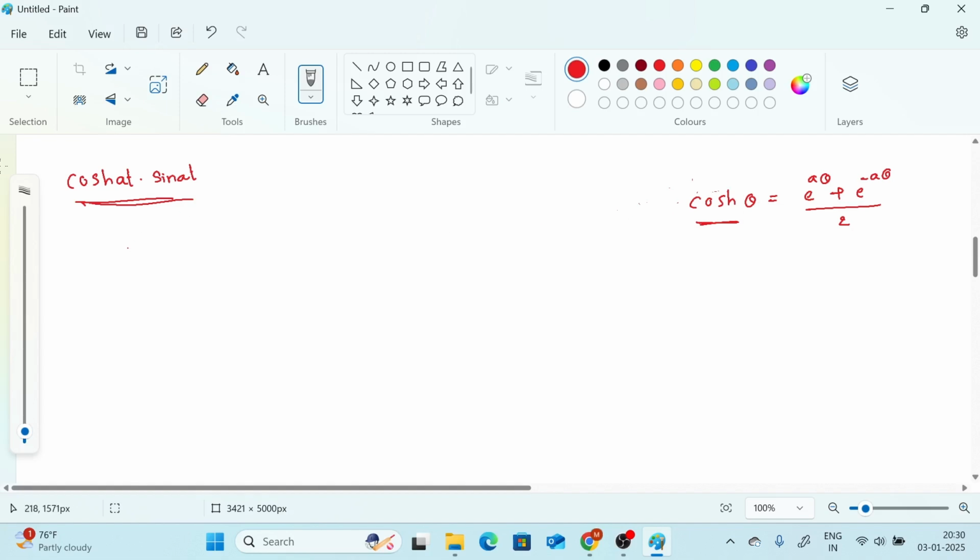So we are applying the same here, right? What we need to do is Laplace of cos hyperbolic at into sine at. Instead of cos hyperbolic at, I can write e raised to at plus e raised to minus at upon 2 into sine of at, right?